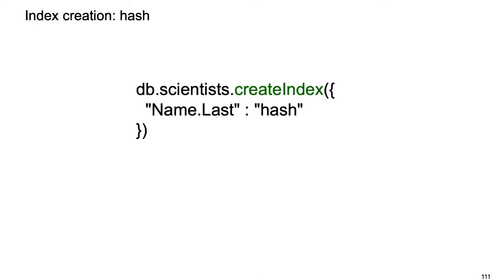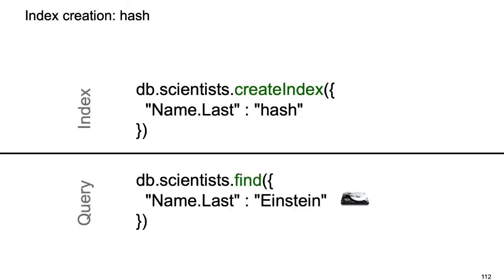Okay, so we can create an index that we call hash on name point last. So that's last within an object associated with name, like I explained earlier, like for the queries. Then if we try to query that, name last Einstein, it's going to find in O(1) the object that has the value Einstein, if there's only 1. But then, of course, you need the entire object.